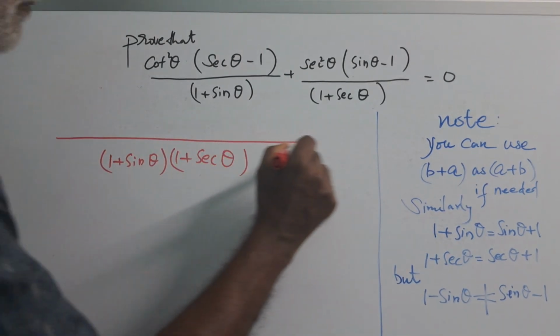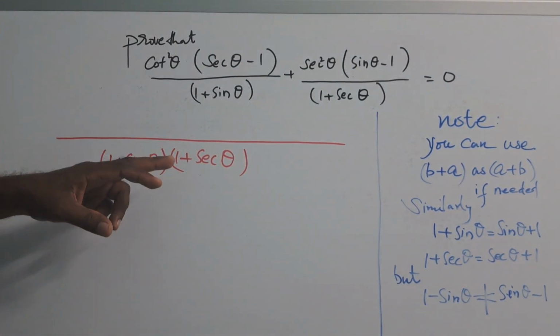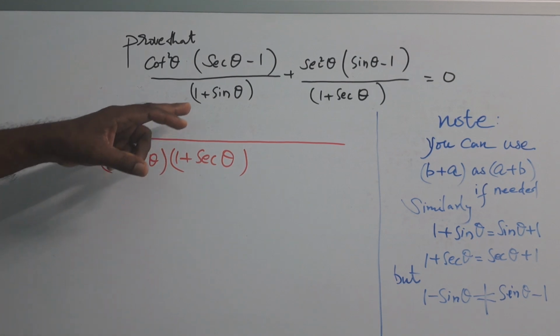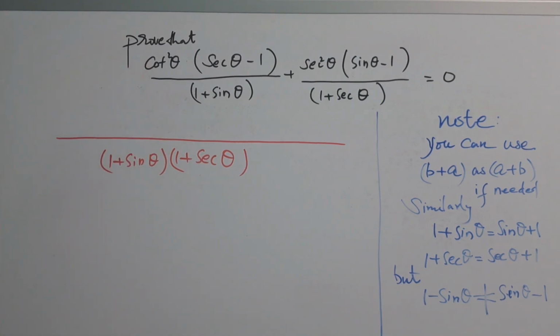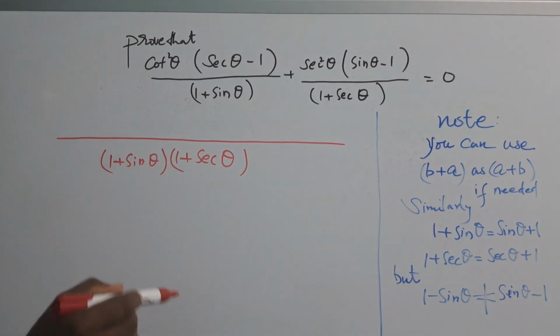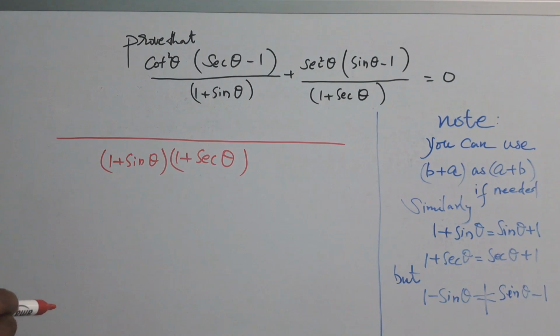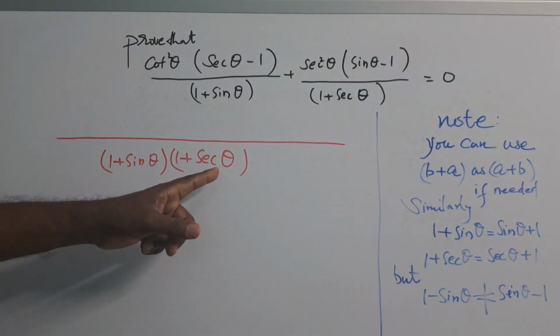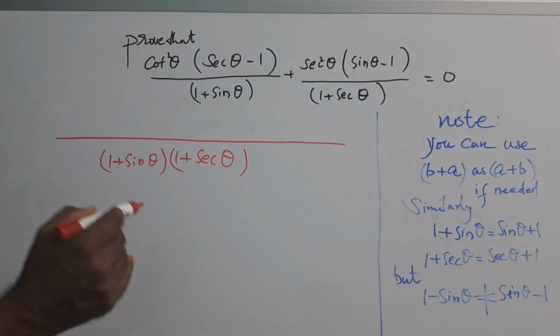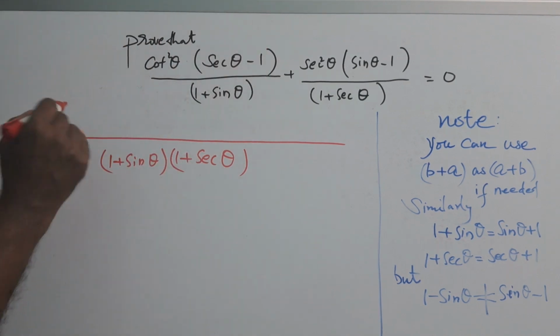Just like we add fractions, first we divide the LCM by the first denominator and multiply the numerator by the quotient. Here, when you divide the LCM by the first denominator, you get 1 plus sec theta, but we express it as sec theta plus 1 so as to get the answer.